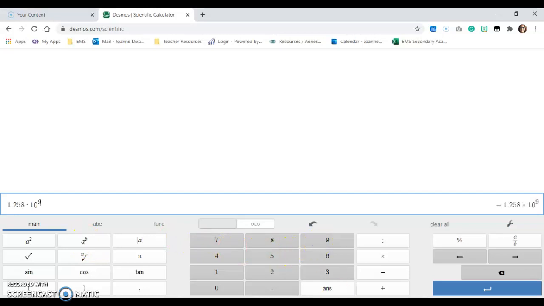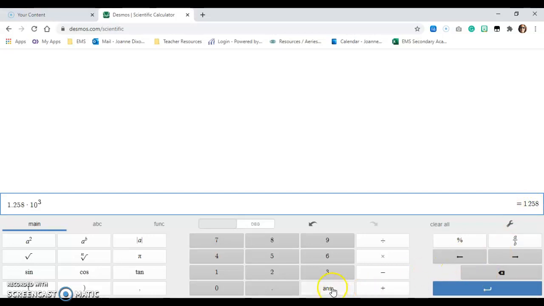I can put 9. Okay, some of it will go too far. If it's too big, it won't show it, but maybe 3. Okay, sometimes the calculators won't let it be, it's too long, there's too many zeros.